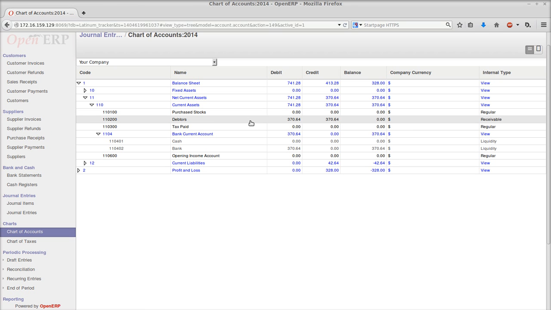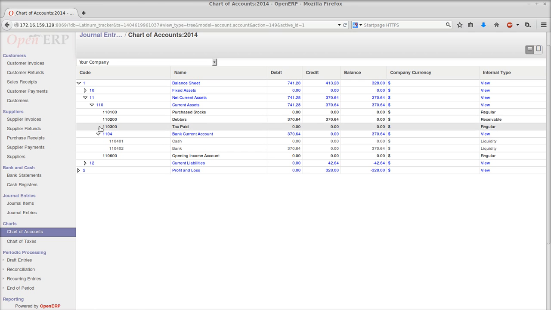That'd be accounts receivable. There was a different sheet that actually specifically said accounts receivable, but internal type receivable. Okay, and I'll just make an expense.